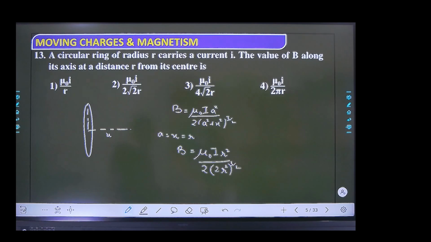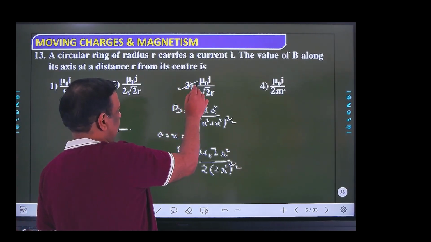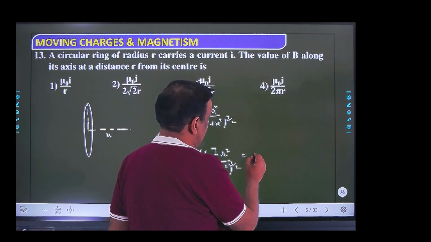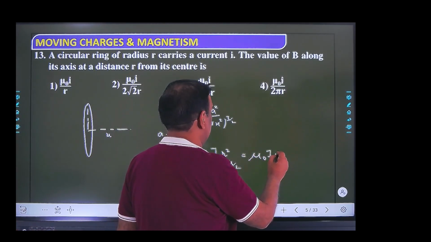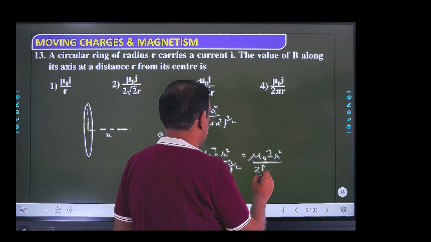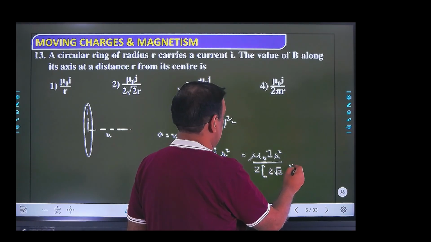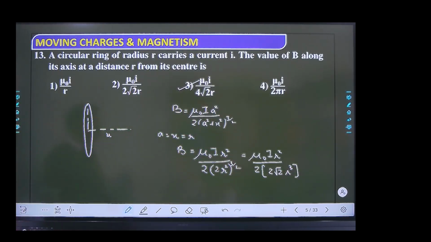Which option will it be? Mu naught I by 4 root 2 r. Okay, what will this be? Mu naught I r square by two root 2 r cubed, so mu naught I by 4 root 2 r.